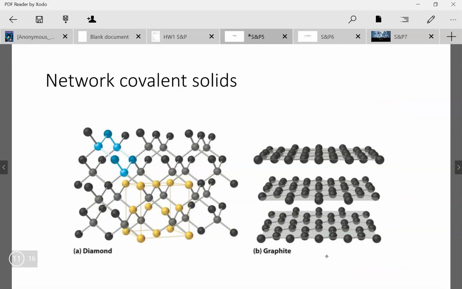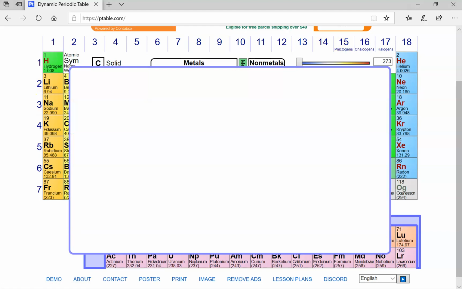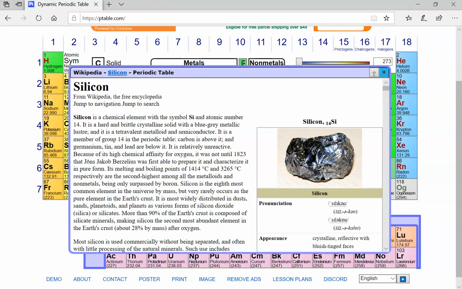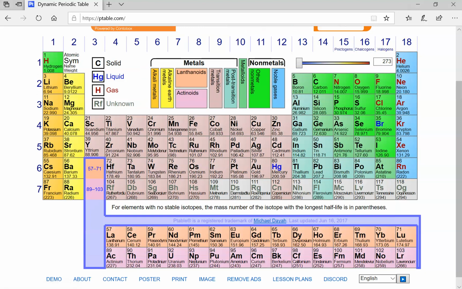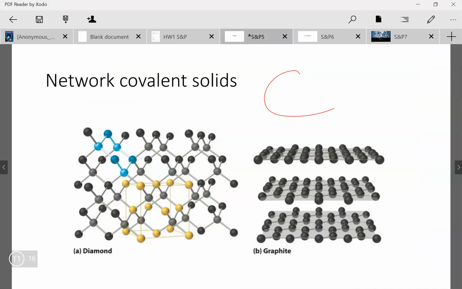The last one is network covalent solids. The main examples we're going to be doing are the ones with carbon, but again, carbon, silicon, germanium, all of these elements form network covalent solids. They form long, extensive networks where the entire structure is one molecule, basically.